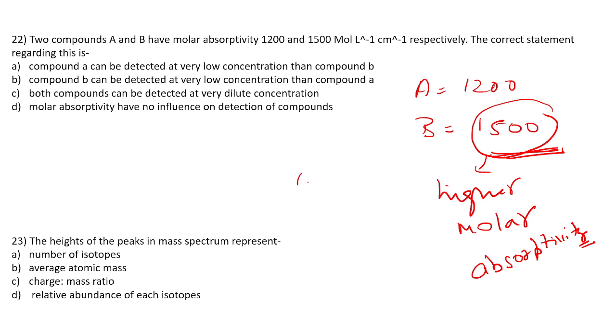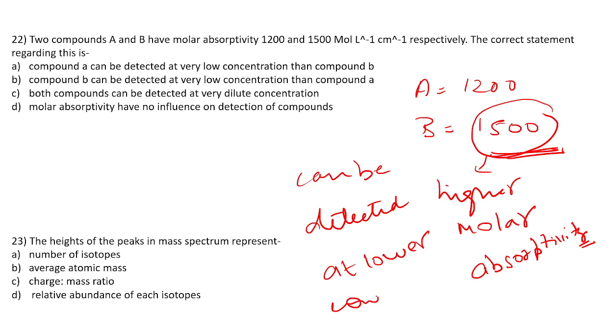Therefore, it can be detected at lower concentration than compound A. So, what would be the correct answer then? The correct answer would be B. Compound B can be detected at very low concentration than compound A.